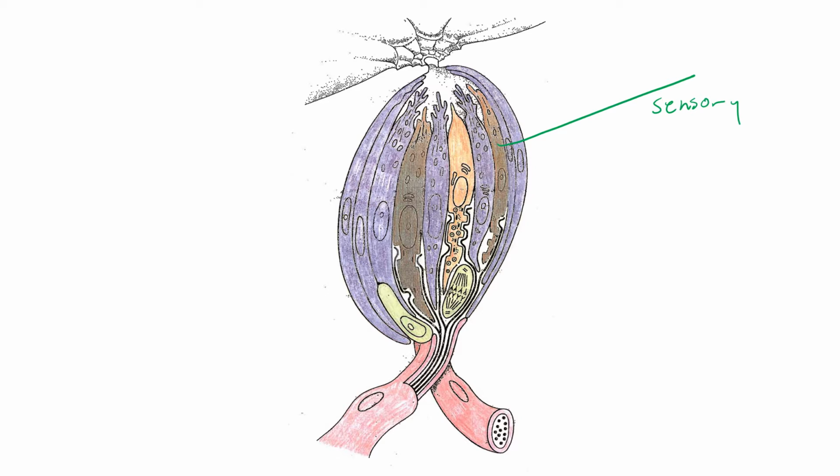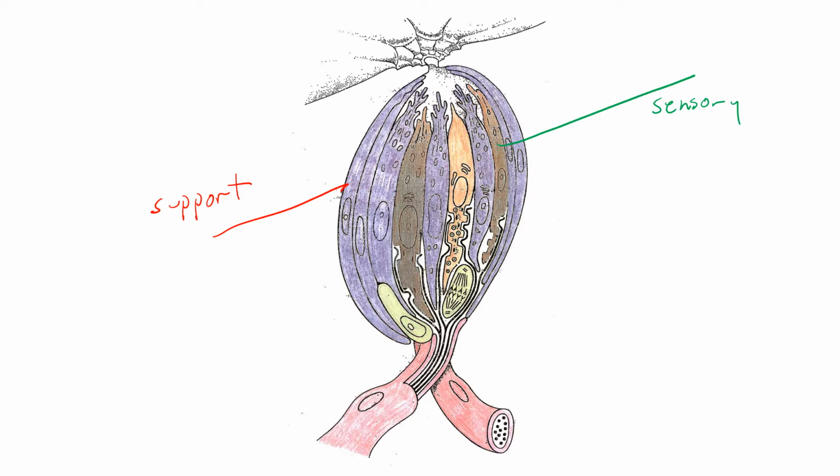The lighter the cell, the younger that cell is. Then we're going to have a series of cells which are the support cells. These support cells are glial-like cells, and so they're going to take care of the maintenance of the taste bud.